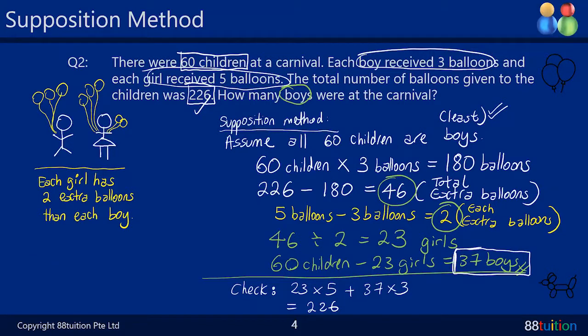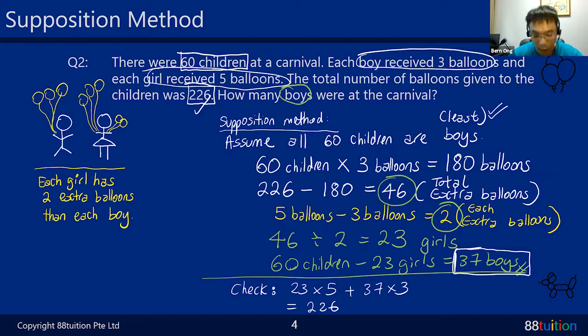So my other question is, for the least, like for this example, the least is the boy. So do you always try to make the largest into the least, and then the remainders are the extra? Yes.